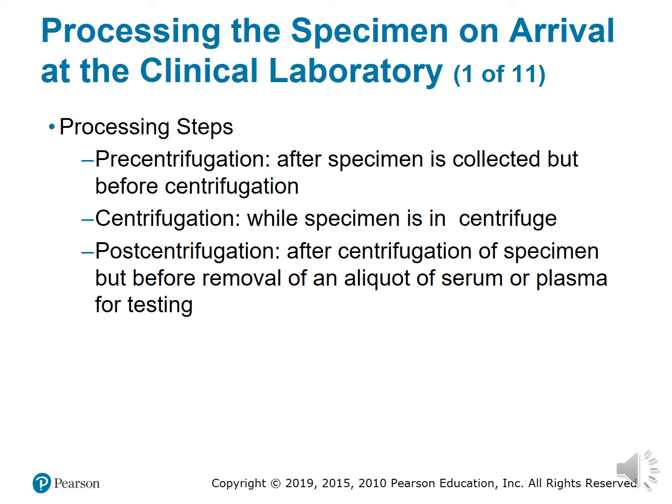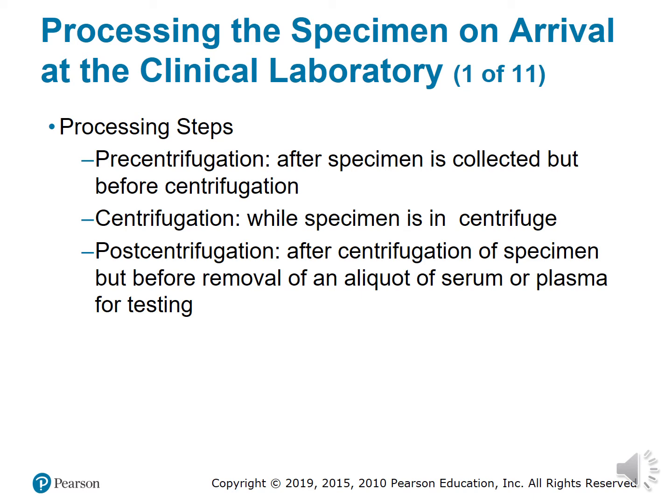All right. Processing a specimen on arrival at the clinical laboratory. Processing steps. Pre-centrifugation: after the specimen is collected, but before centrifugation. Centrifugation: while the specimen is in the centrifuge. Post-centrifugation: after centrifugation of the specimen, but before removal of an aliquot of serum or plasma for testing.